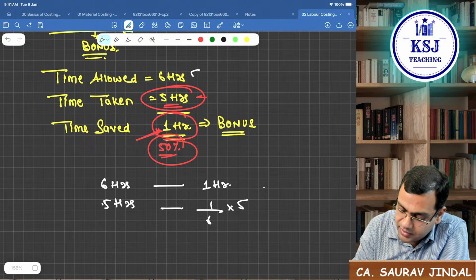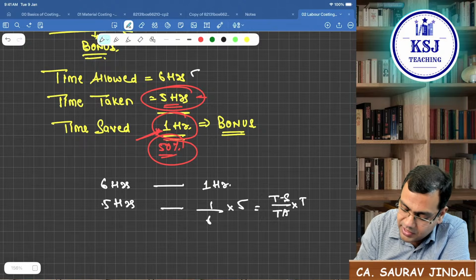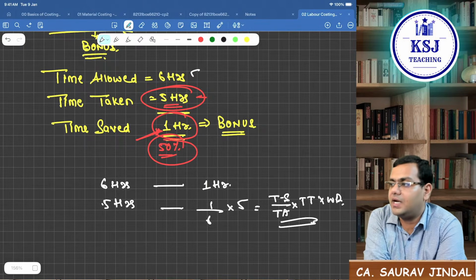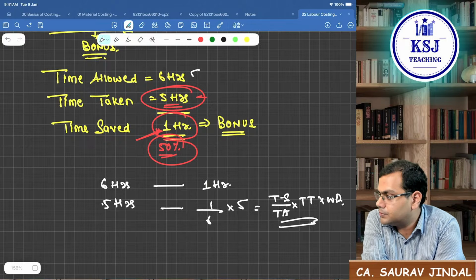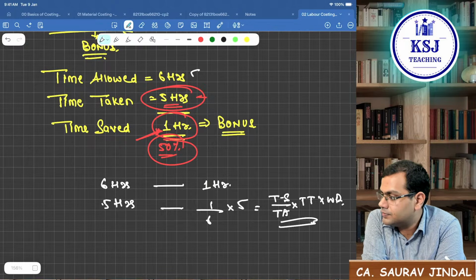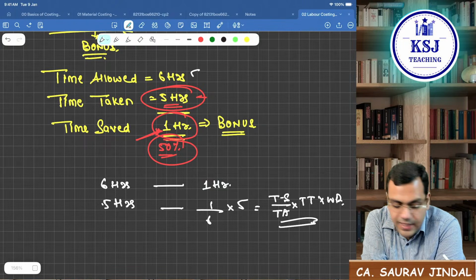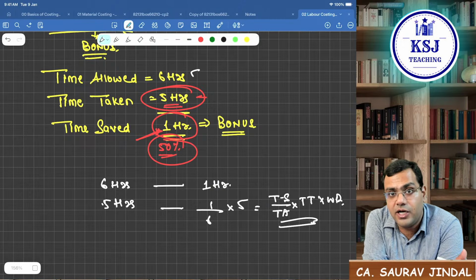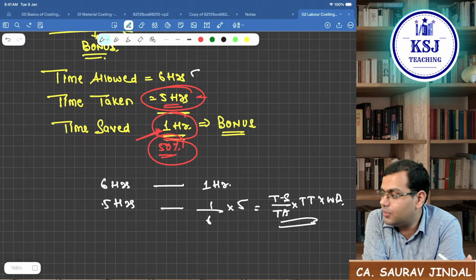So can I write it as time saved divided by time allowed into time taken into wage rate. This is what you have to pay as bonus. The proportionate savings will be paid. Not for the full 1 hour we are going to pay. We are going to pay it for the proportionate hour.